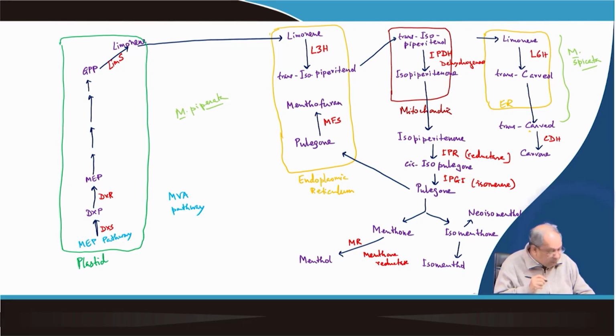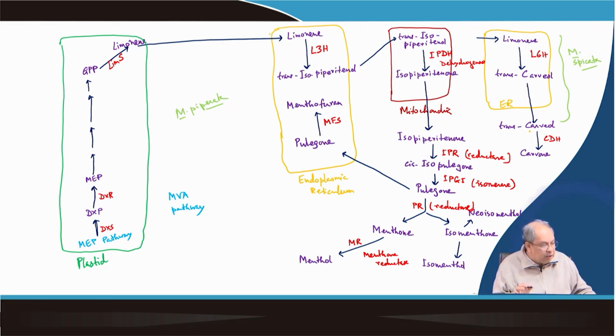and pulegone to menthol formation, this is called PR. That means again pulegone reductase. Well, so this is in brief the pathway, which operates starting from the plastid, involving the endoplasmic reticulum and mitochondria, and finally the cytosol.